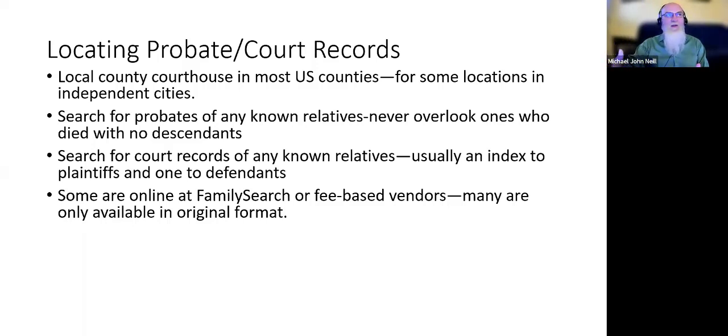The heirs might not have all inherited for one reason or another, depending upon if there was a will or not, but oftentimes those heirs would have to have been given notice that this estate was being put through probate. And so that can be a place, if the person had no children, grandchildren, nieces and nephews or cousins, depending upon the family structure, would have been their heirs. And there could be notice in those records.